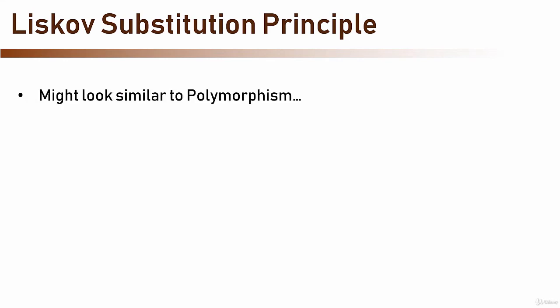On first look, this might look similar to the polymorphism definition in object-oriented languages. Remember that polymorphism basically states that a type can be replaced by its subtype without breaking the code. But there is a fundamental difference between the two. The Liskov Substitution Principle does not talk about coding or compiling, but about something called behavioral subtyping.